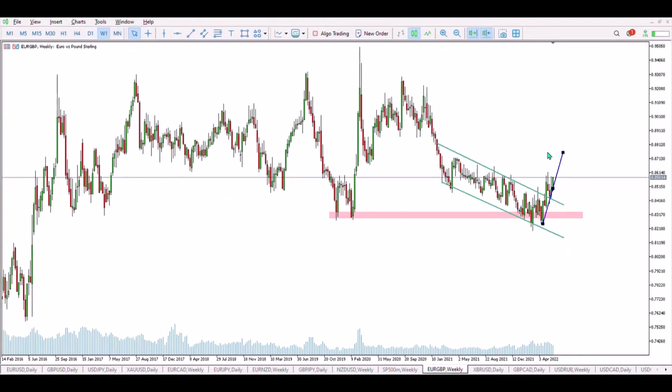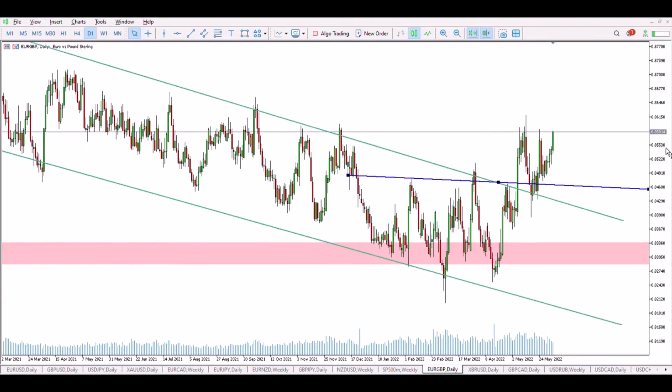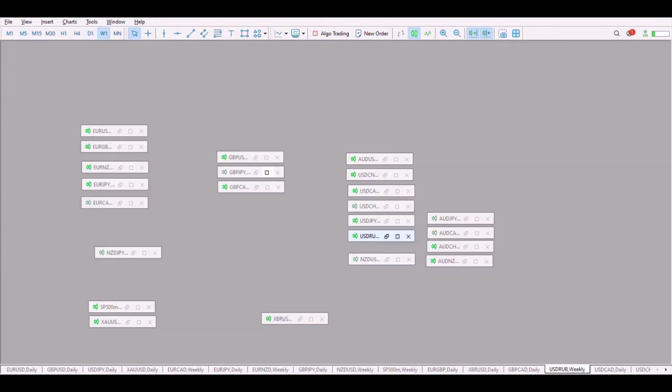We had plenty of room to the upside, so we can get some nice trend. I have spoken about this reversal way earlier while we were still in the channel. So we have this head and shoulders pattern and then the breakout, and now we are strongly bullish for the moment. Okay, and let's check some other charts, guys.